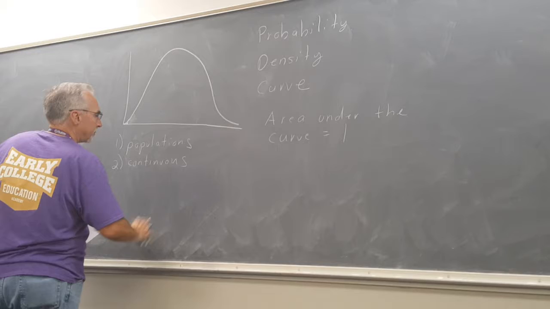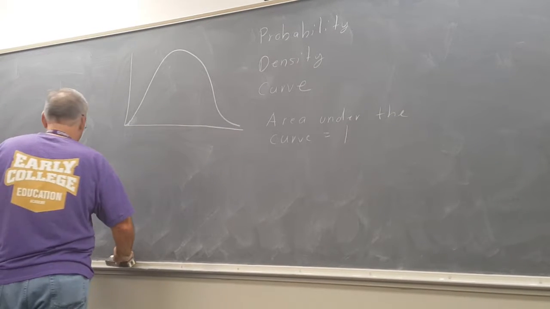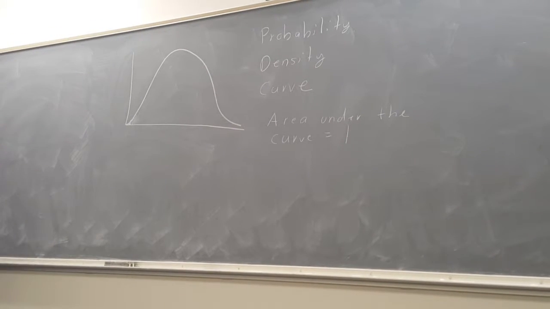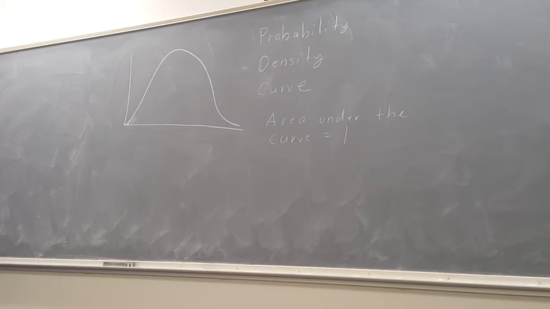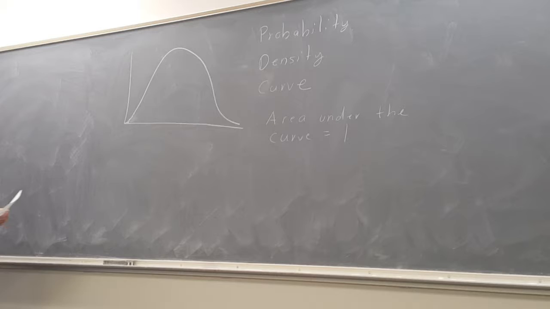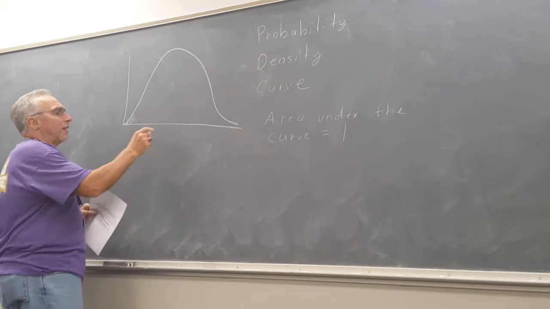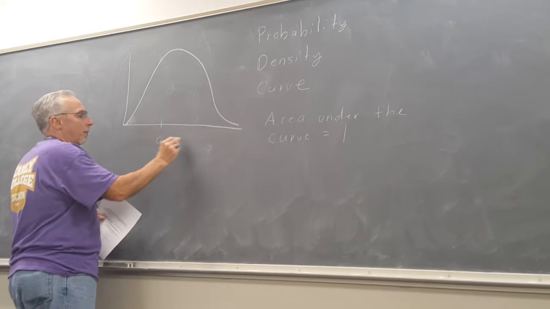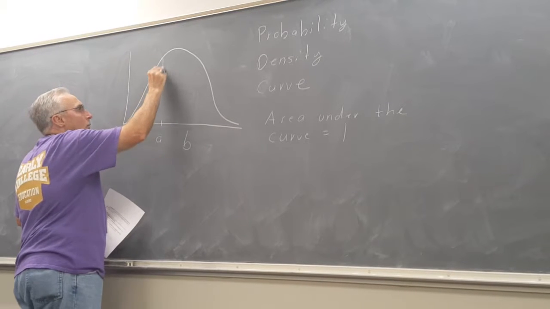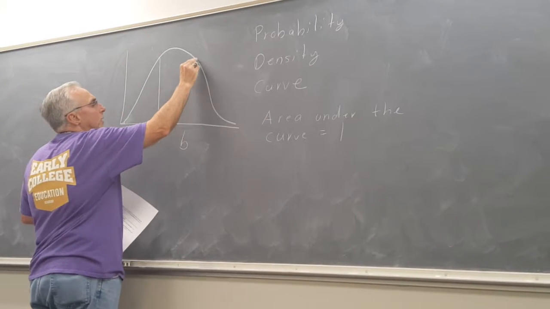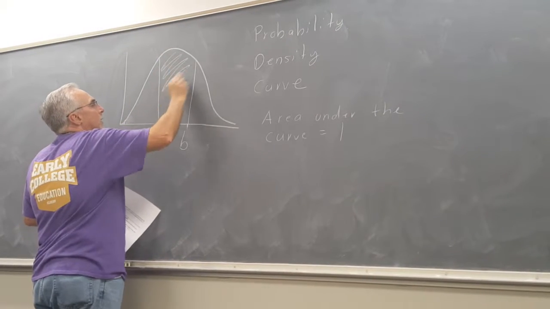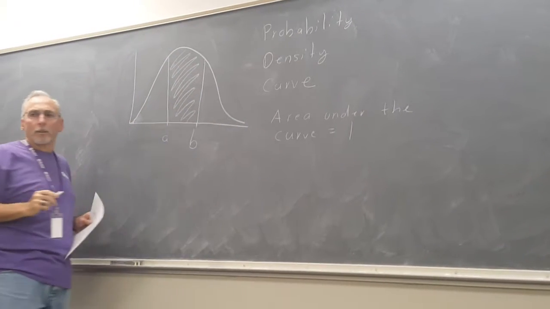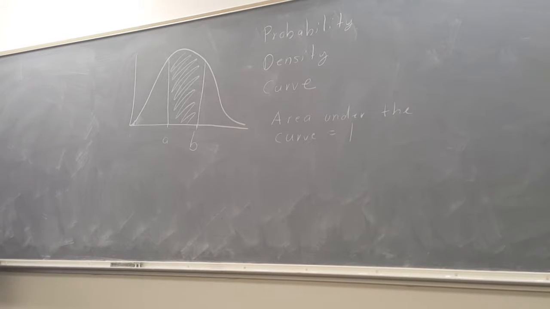Now, on the middle of your page there, two important things. When you talk about the area under a curve, if I pick any two values, what we're going to do in this section is learn how to find a certain area, or proportion of an area.